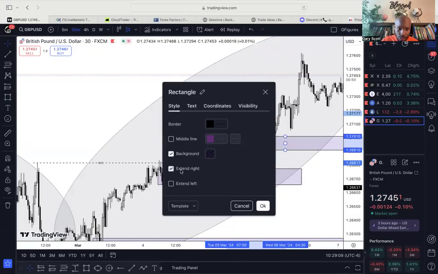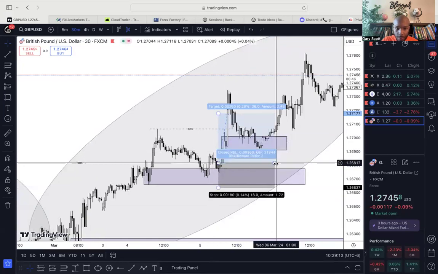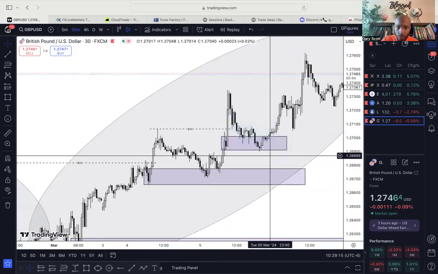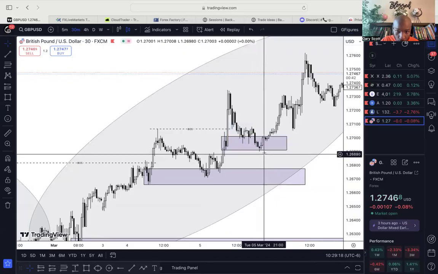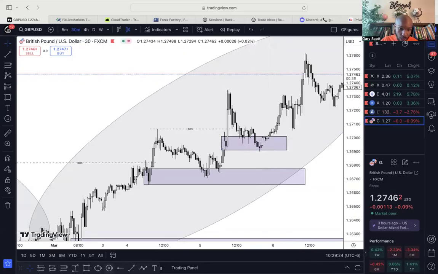let me take this extension off. I don't need that anymore. But what ends up happening? Price drives a little bit below, doesn't close below, but then you get a bullish candle closing above that order block.